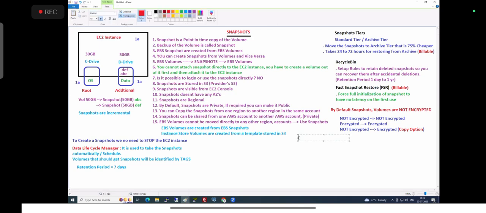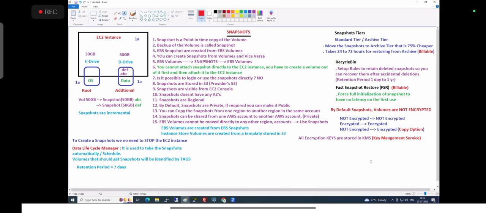And guys, I'm talking about encryption keys. All encryption keys are stored in a service called KMS. What is that? Key Management Service. Where are all your encryption keys stored?